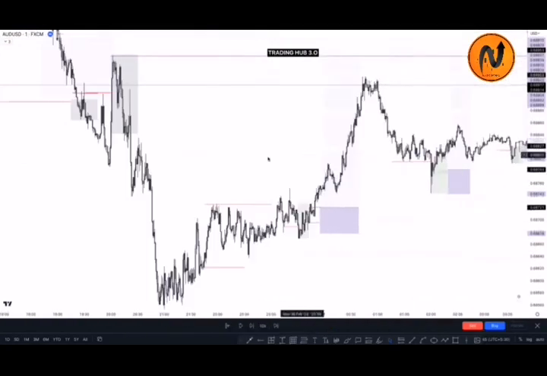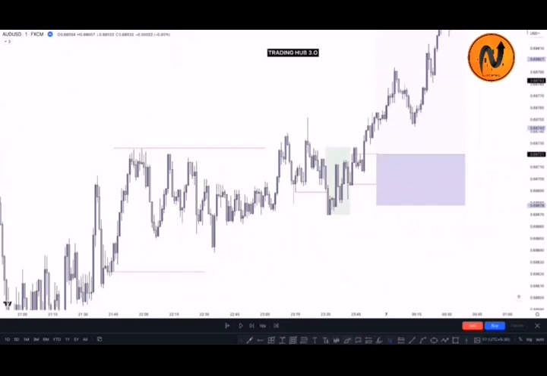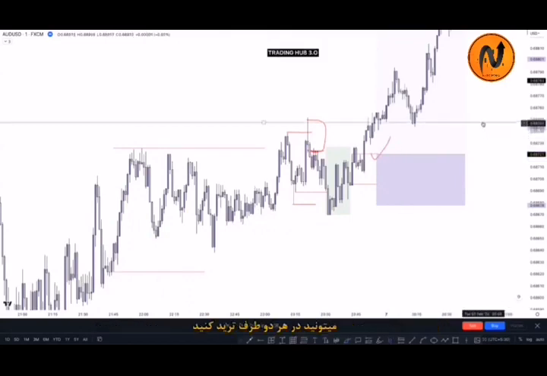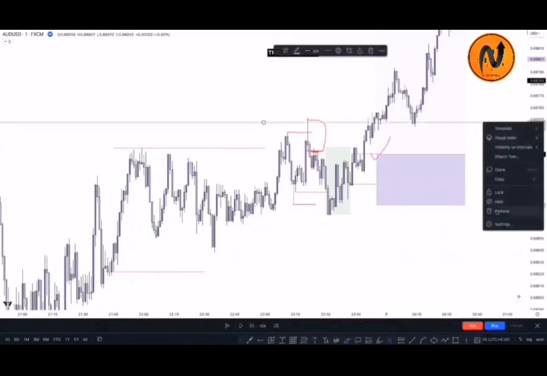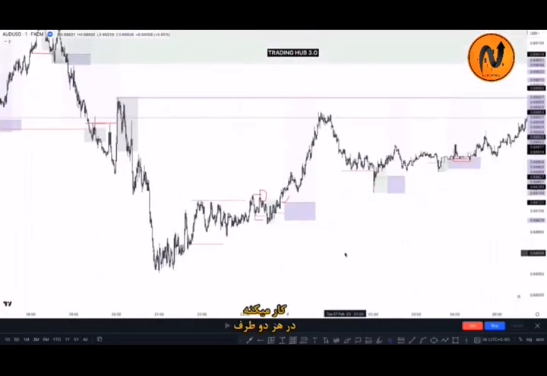If you can see at this time, previous 15-minute high sweep, you can sell here. Sell, taking out this low, your entry on break-even point, and the next entry here. So you can take trades on both sides, right? It works on both sides.